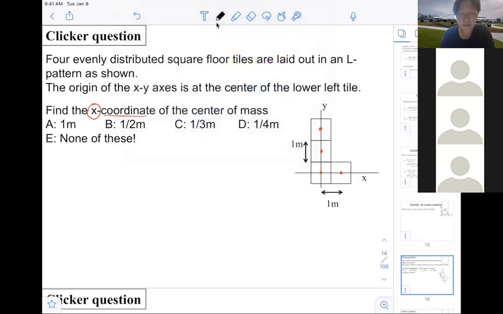I was thinking it was going to be 1/4 meters, because we have one object that is moved 1 meter over, so that's going to give a value of 1 at the top, and then all the 3 other objects are going to have a 0 value for that X. Okay. So you're going to get a 1 on top for the numerator.